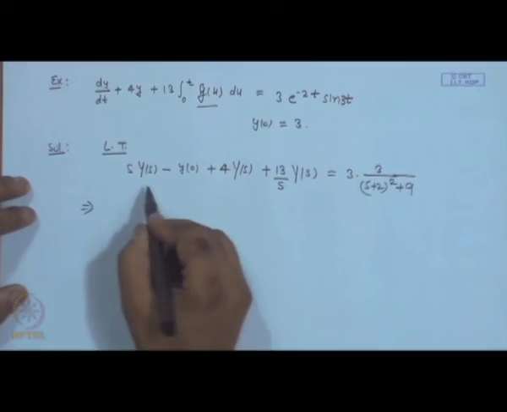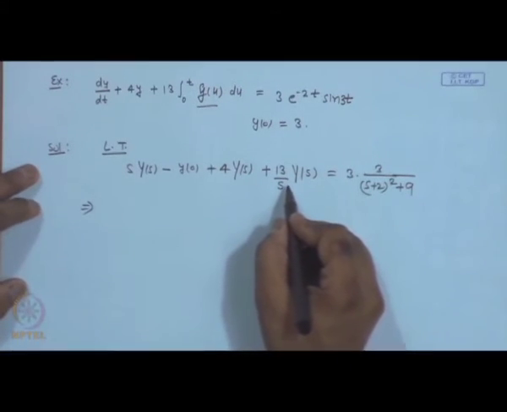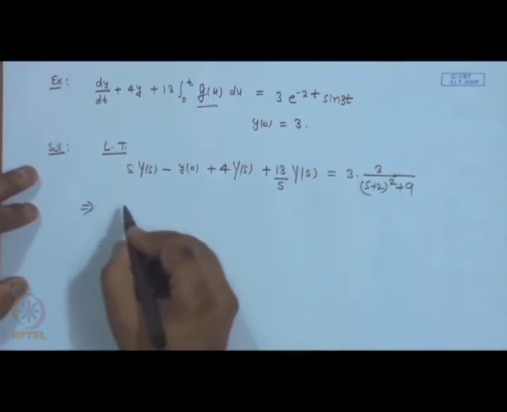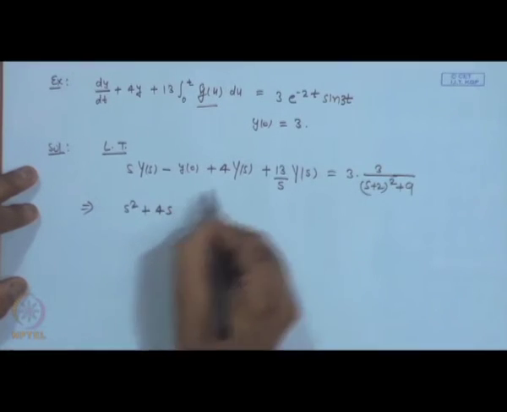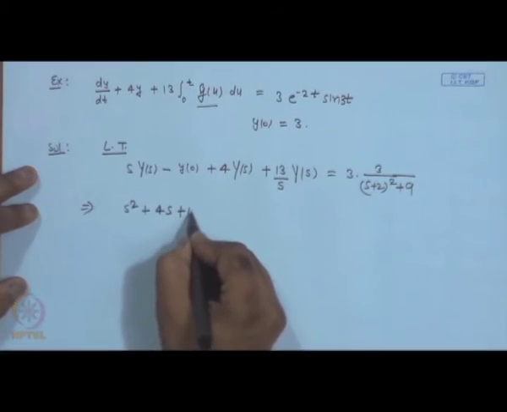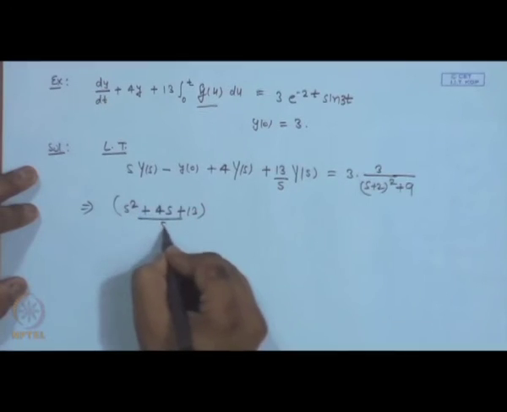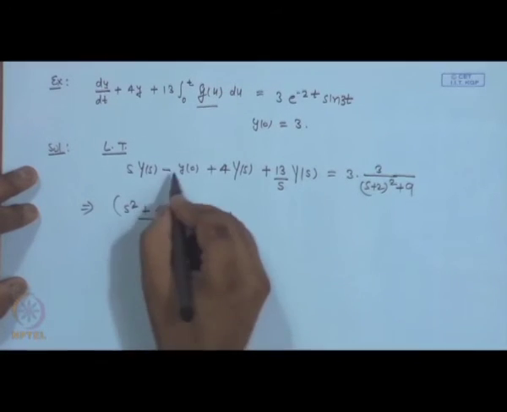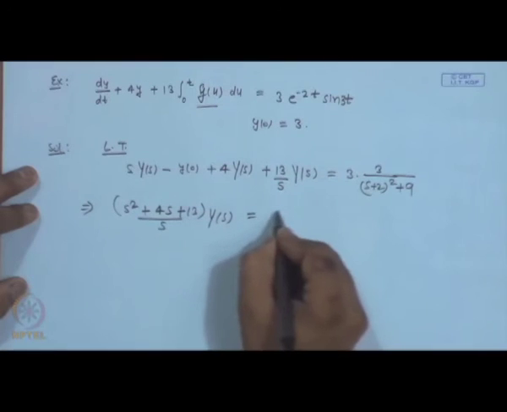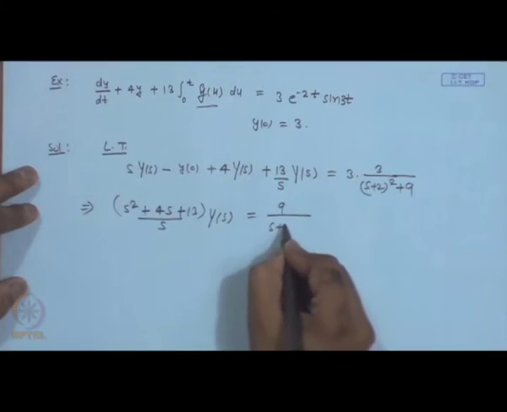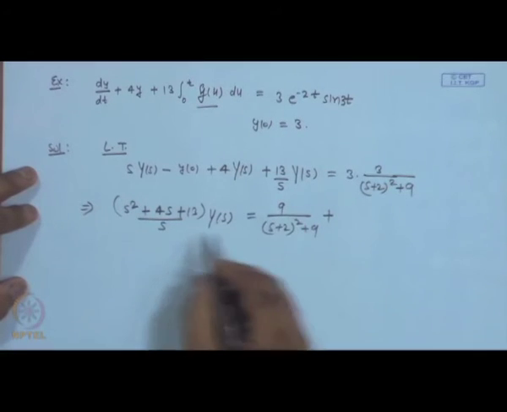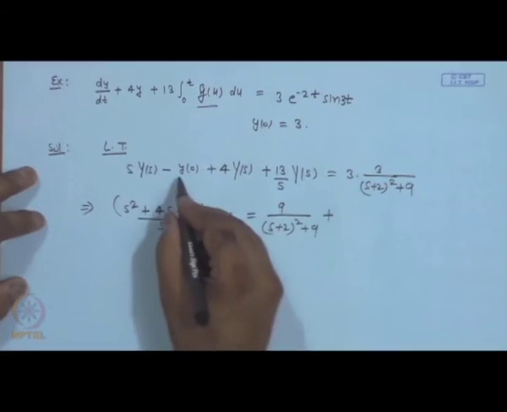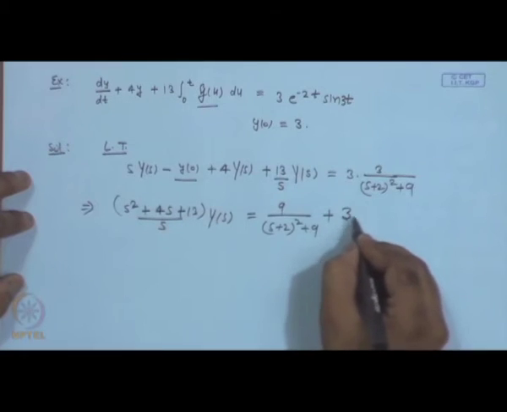Now, we collect the terms of Y(s). So, we will get s plus 4 plus 13 over s, multiplying Y(s), and this y(0) is 3, so we can take it to the right hand side. So, we have 3 over (s plus 2) whole square plus 9, plus this y(0), and that is 3.